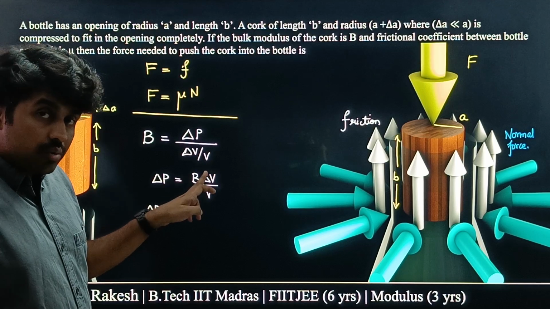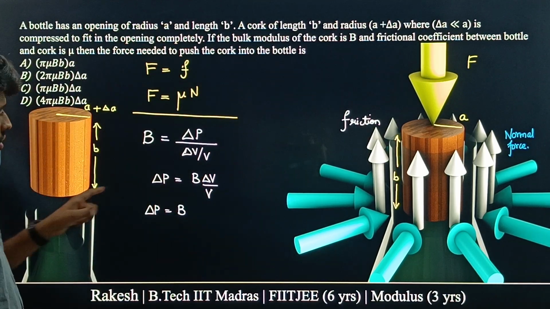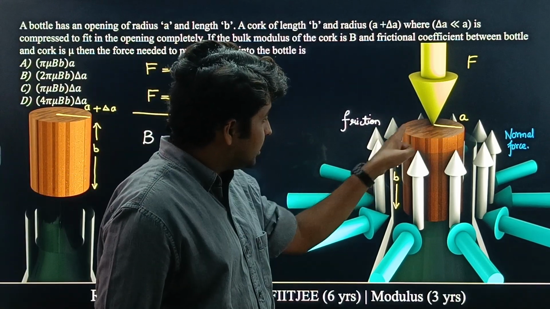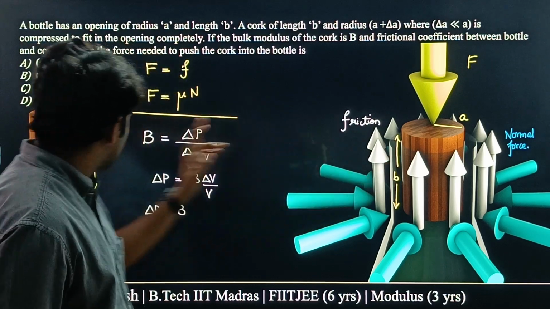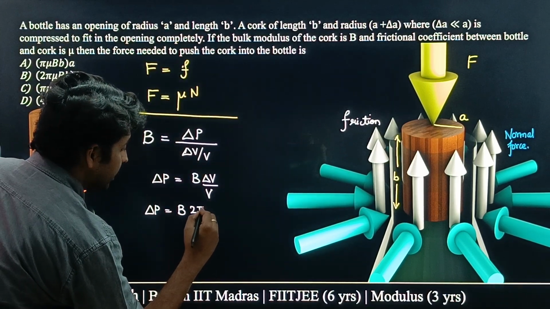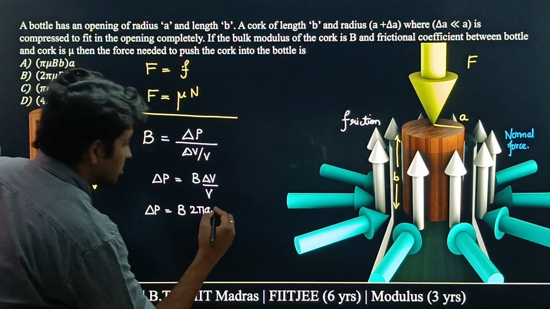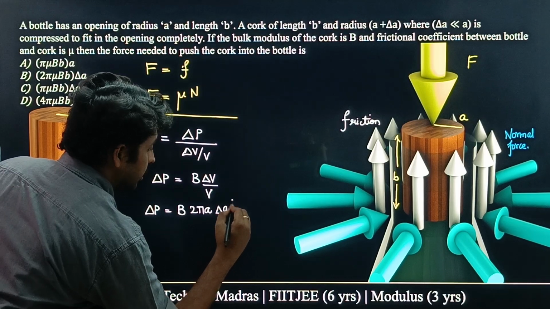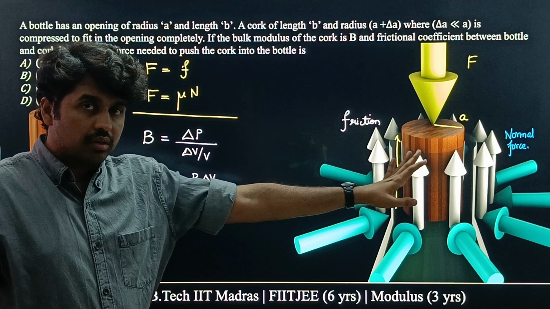What is the change in volume of the cork? Initially, the dimensions were this. Finally, the dimensions are radius A and height B. So the change in volume from here to here is 2 pi A into thickness, that is delta A, into B. So this is the change in volume from here to here.